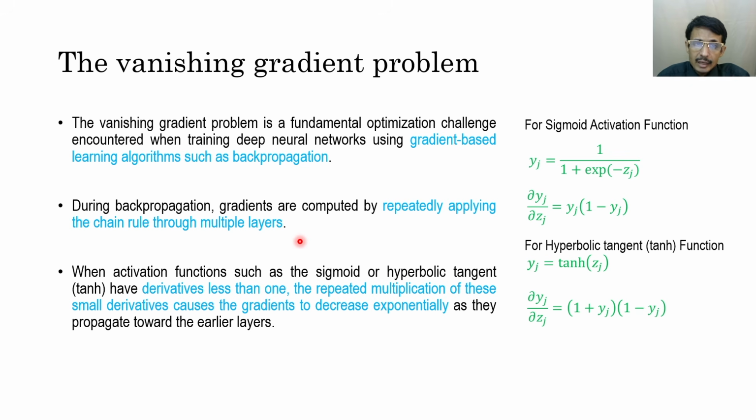So the process of convergence becomes infinitely slow, or almost stops. This is the situation where we say that the gradient has vanished, and that's the name: the vanishing gradient.